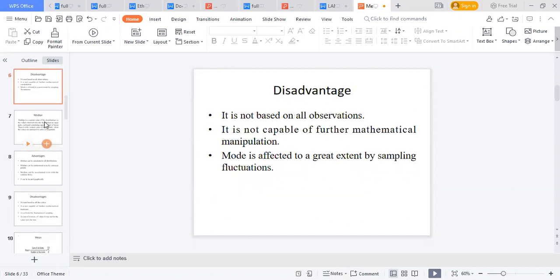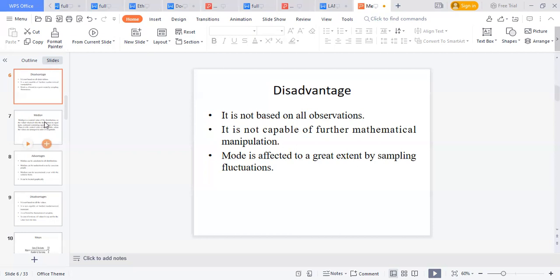Okay, there are some disadvantages of mode. It is not based on all observations. So age 2, age 2, age 2, somebody else is 3, the other one is 15. It doesn't take into consideration the other values, which could even be bigger. It is not capable of further mathematical manipulation, so you can't do any other calculations out of it.